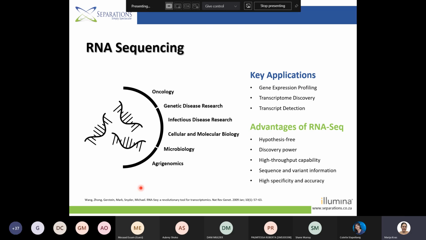And these applications have a huge impact on oncology, on genetic research, and on infectious diseases, like microbiology. So even though today I will focus mostly on human RNA and applications around human as a host, obviously all living organisms that have DNA will have RNA. So any of these applications can be applied to many different organisms out there.